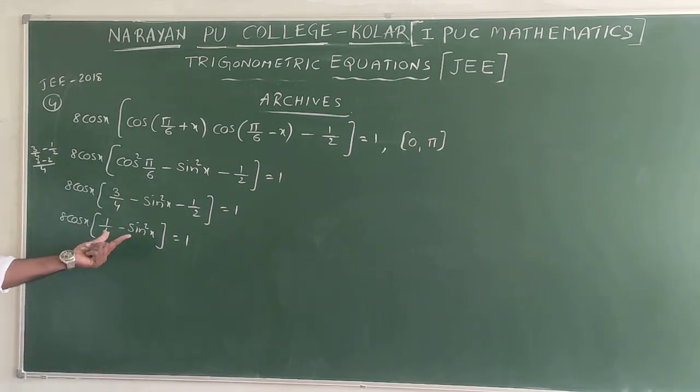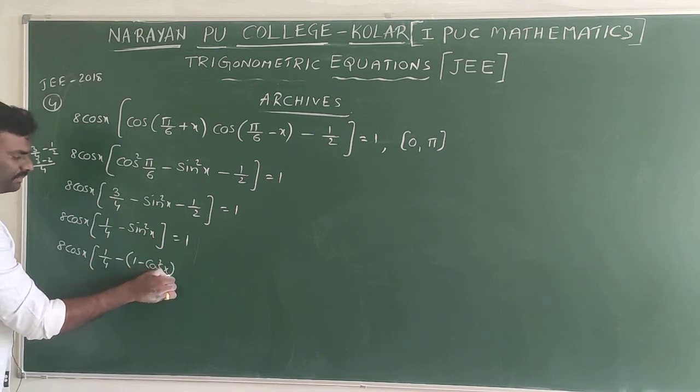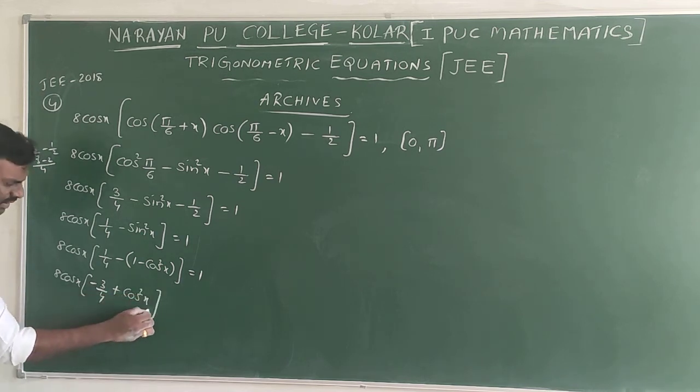Again I am converting the sin square in terms of cos. Now 8 cos x into 1 by 4 minus sin square x, which can be written as 1 minus cos square x. Now 8 cos x into 1 by 4 minus 1 plus cos square x, that is minus 3 by 4 plus cos square x, equals 1.